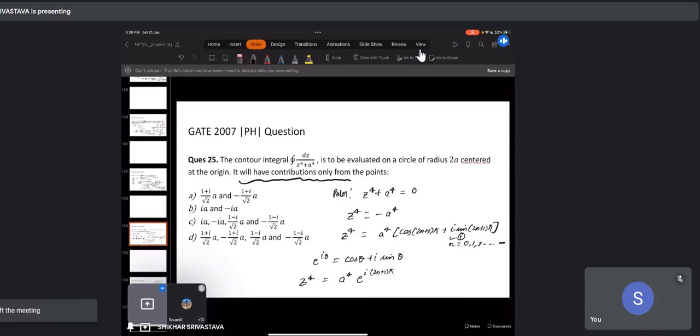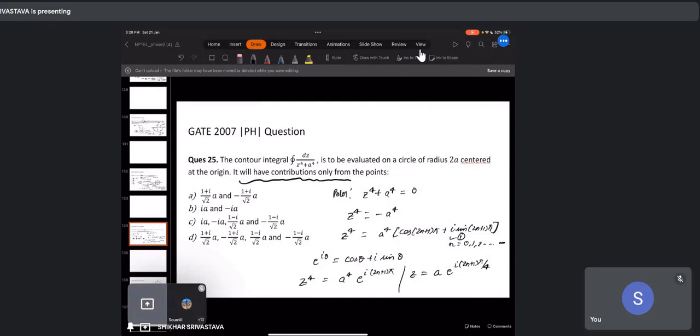You can easily write it like this. Now it is easier: you just take the 1 by 4 power on both sides, so it becomes z equals a times exponential i (2n plus 1) pi by 4. So you got the poles. The poles of this function f(z) are at these points, where n is 0, 1, 2, 3.